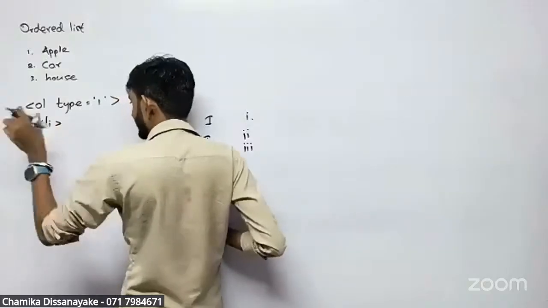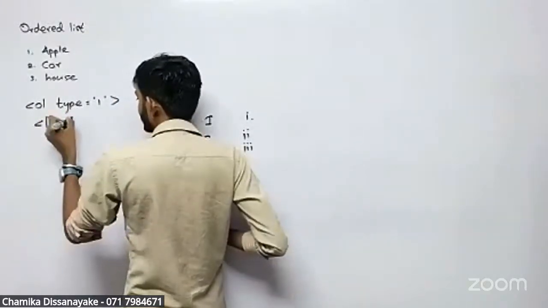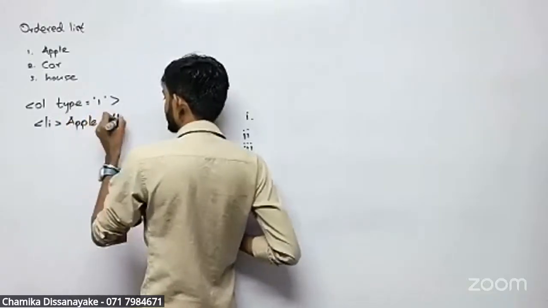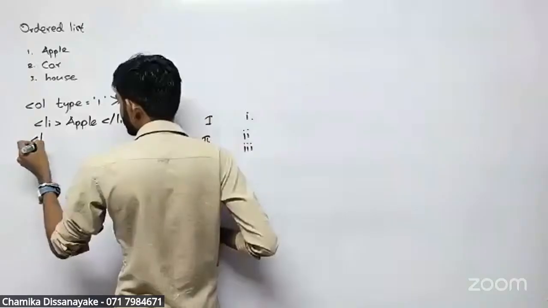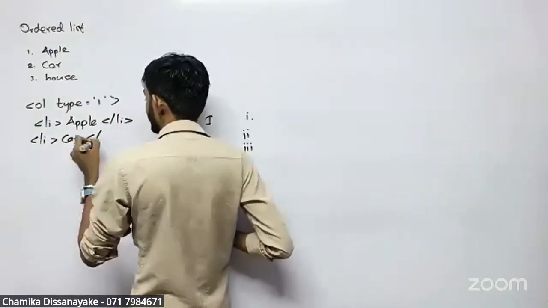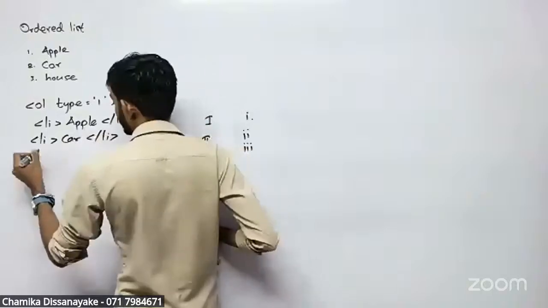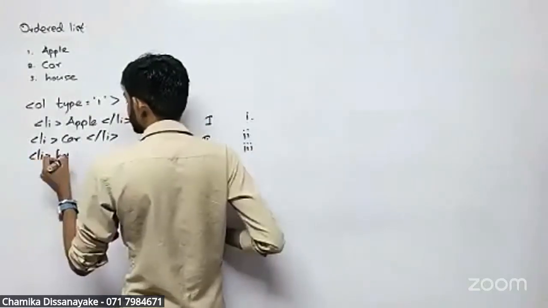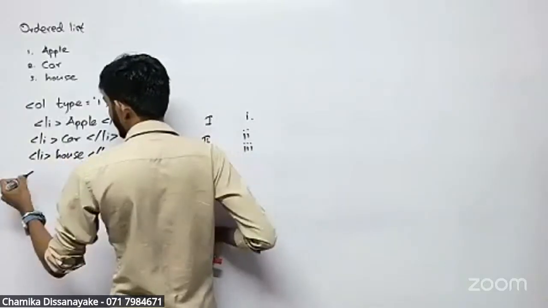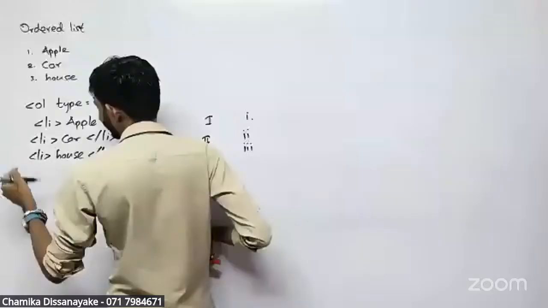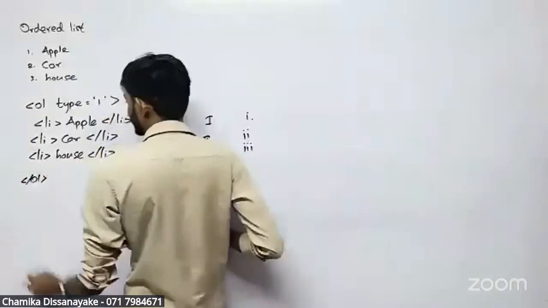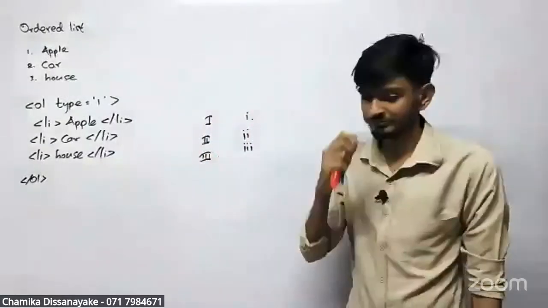LI means list item. The first list item is apple, and it is closed; the second list item is started, car, and closed. Third one, house, closed. There is no fourth one, so then the ordered list is closed with the closing OL. This is the ordered list. Very simple.